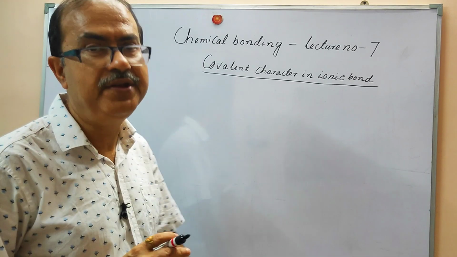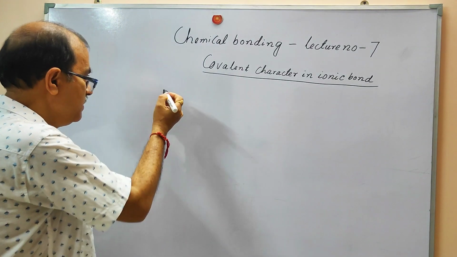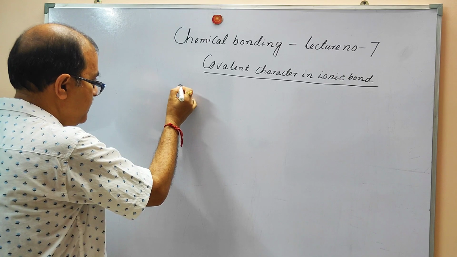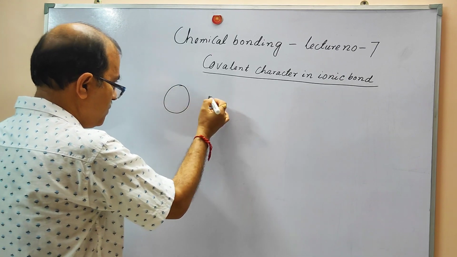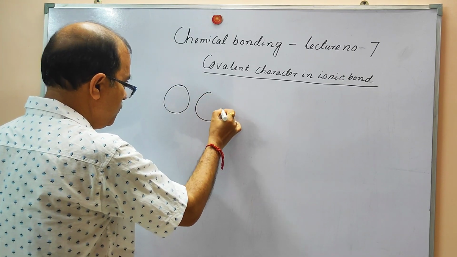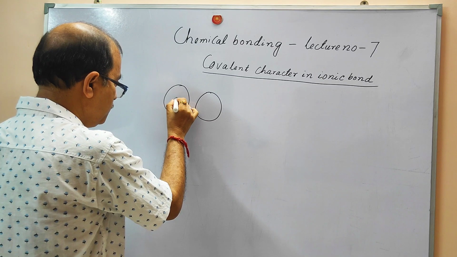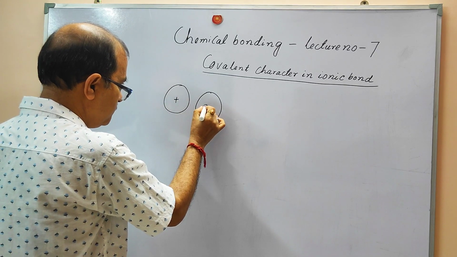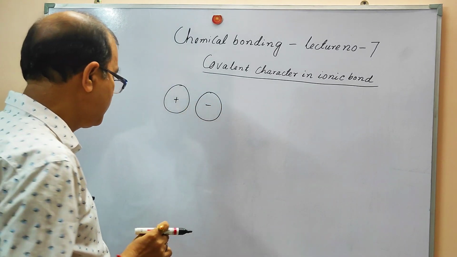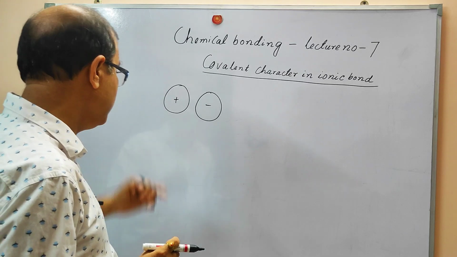For this, let us take an ionic compound. We know an ionic compound has two different species: one is the cation and the other is the anion.